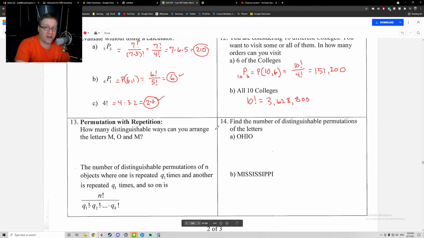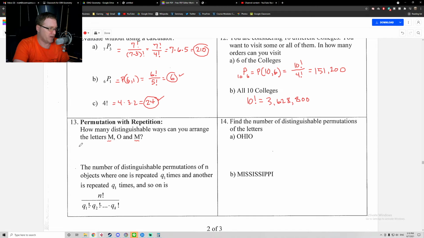Every object is different. Well, in this one, we have objects that are the same, M. So we can't use the formula that we learned before. Why don't we do this one without a formula? Let's just try and do it. How many different ways can we arrange these letters?